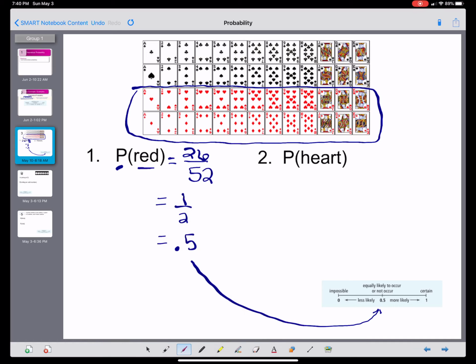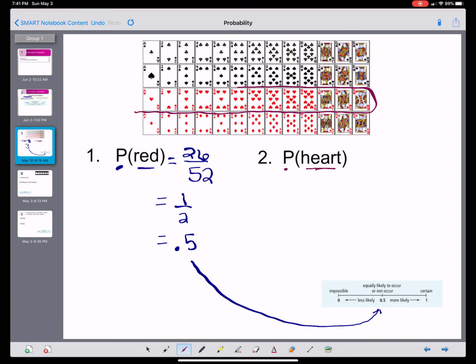It says, what is the probability of pulling out a heart? I'm going to erase this, and let's circle all our hearts. These are our hearts right here, and if we add them up, we end up with 13 hearts. We're going to divide that by the total number of cards. Remember, a deck of cards has 52 cards.